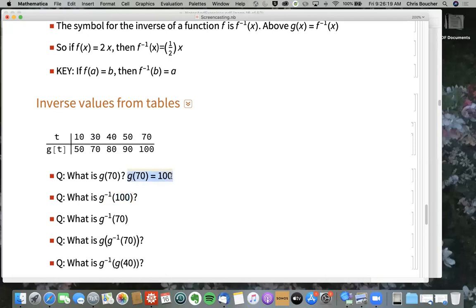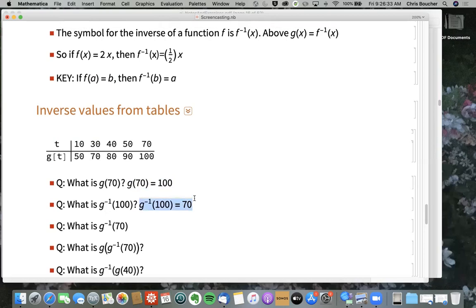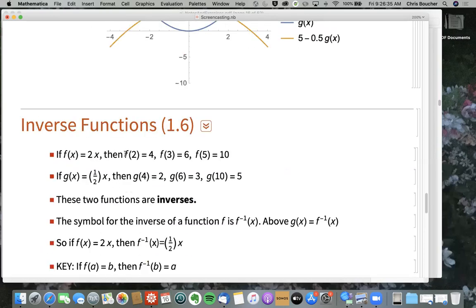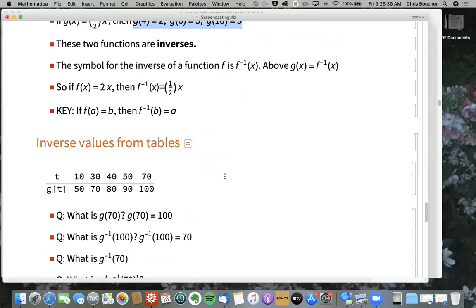So if G of 70 is equal to 100, then G inverse of 100 is equal to 70. This is the same relationship between a function and its inverse that we were seeing up here, this reversal of direction.